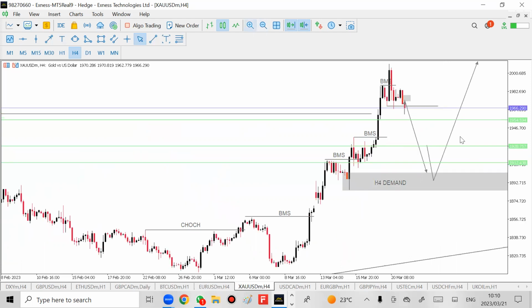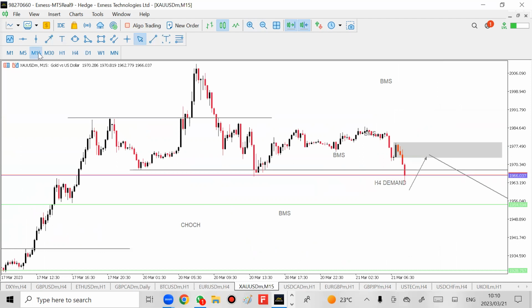So I hope we're together. Basically, confirmation is all what you need on lower time frame. Confirmation is all what you need. So can we look at another pair maybe?